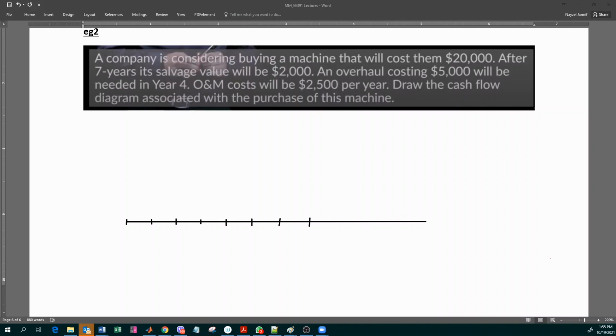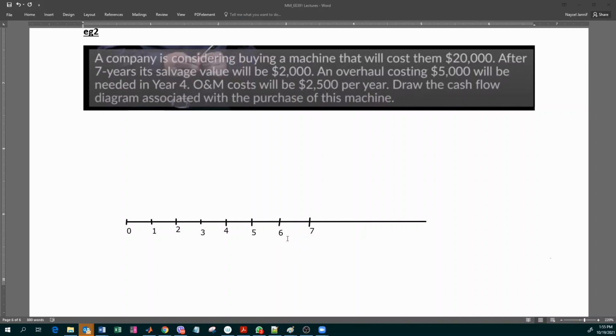Now we put the text there, guys. That's 0, that's 1, that's 2, that's 3, that's 4, that's 5, 6.